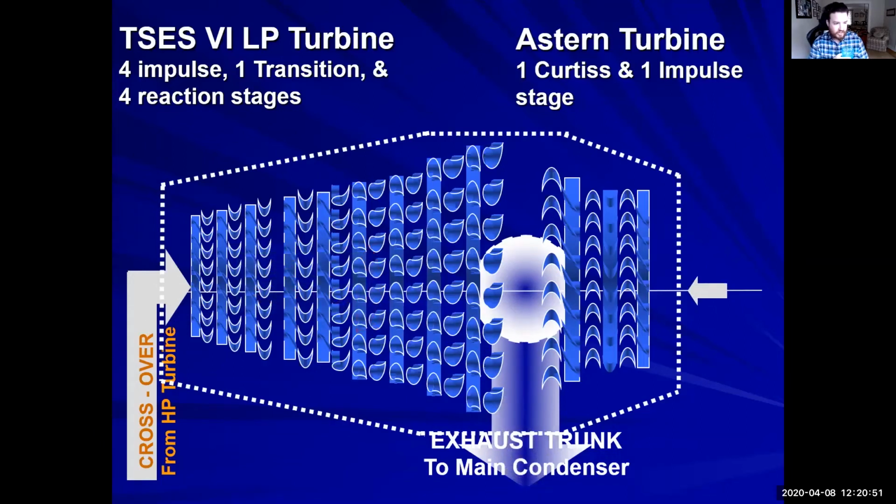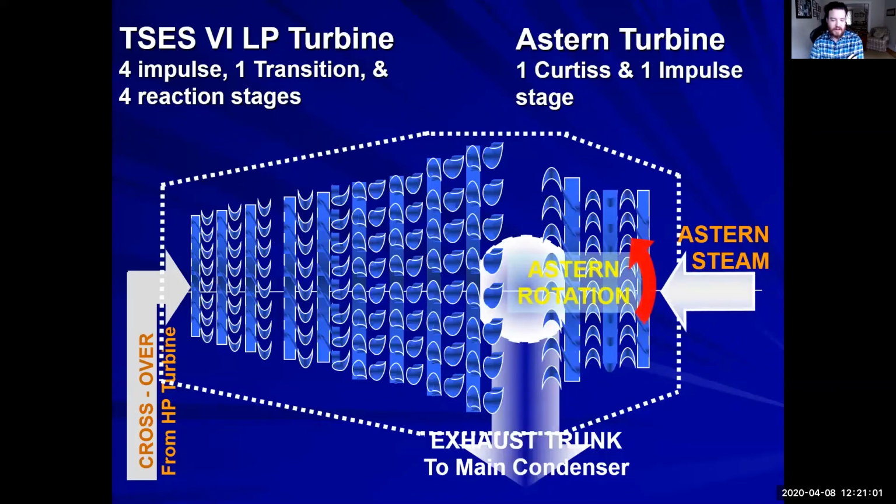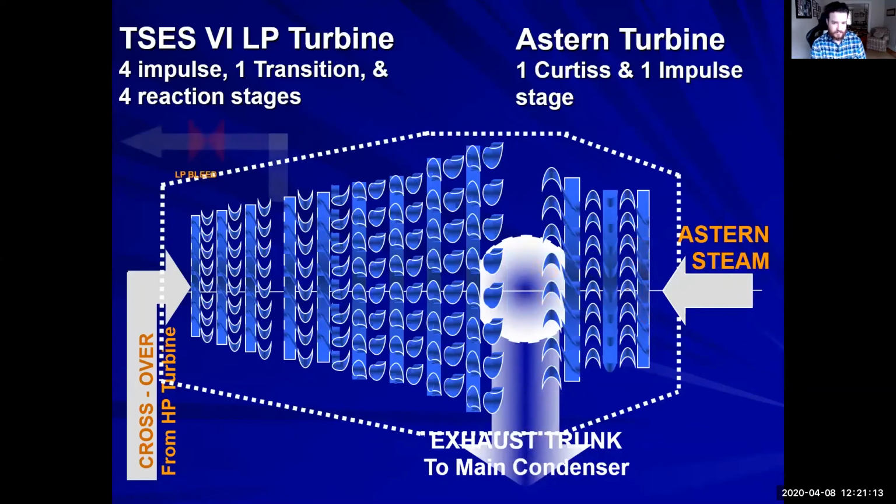And we go into our astern. And our astern steam only goes through, and it's in the opposite direction of rotation. We have our LP bleed, and again, just used in startup and shutdown.